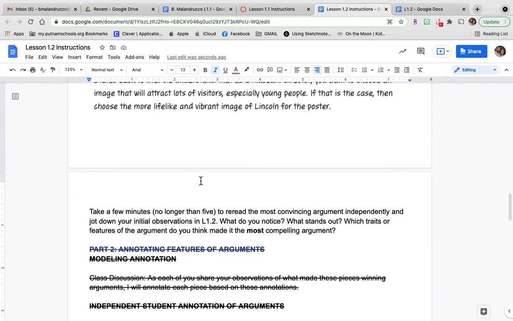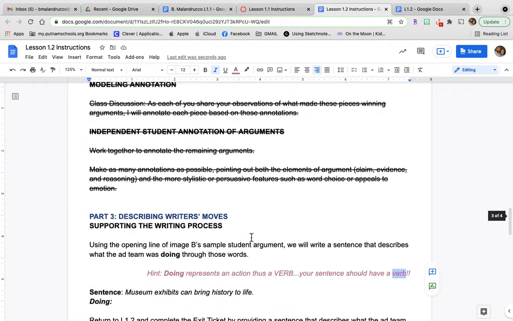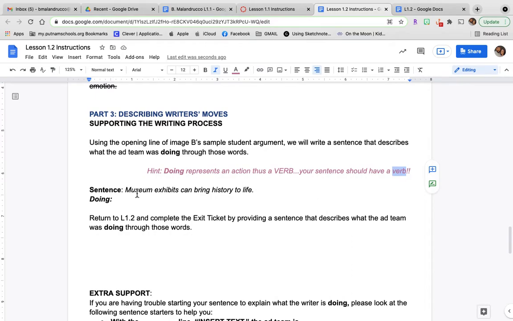Sentence from this argument that stands out. Museum exhibits can bring history to life. What is the ad team doing with these words? Museum exhibits can bring history to life.